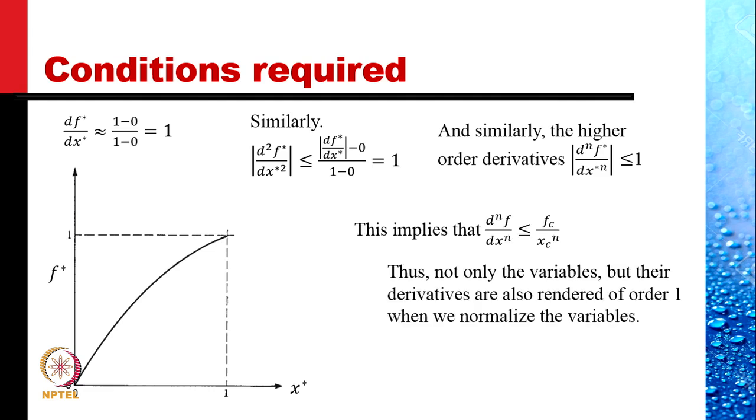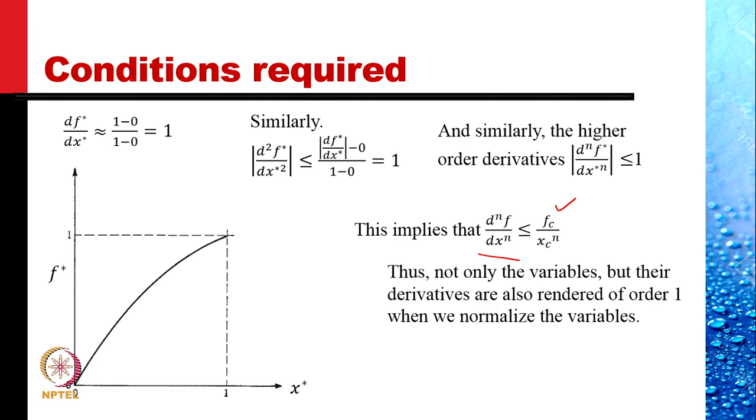This implies that the nth derivative of the original, non-normalized function f with respect to x is less than the characteristic value of f divided by the characteristic value of x raised to power n.